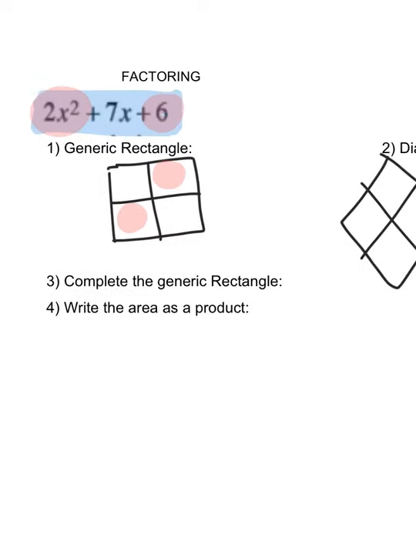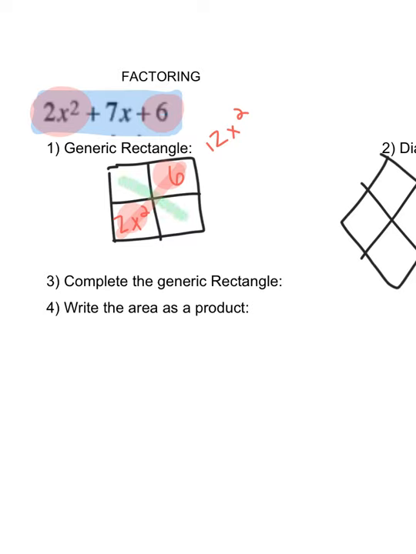So I'll write those in, 2x squared and 6. Then from our previous lesson we learned that if we multiply this diagonal together, this multiplies to 12x squared, then the other opposite diagonal should multiply to the exact same thing. So those missing 2 numbers have to multiply to 12x squared.